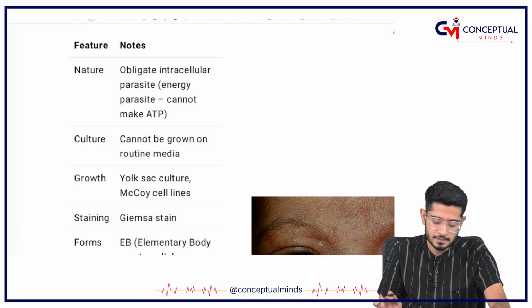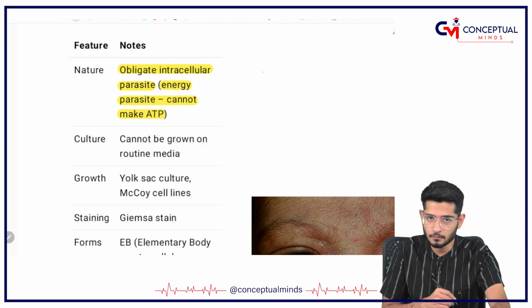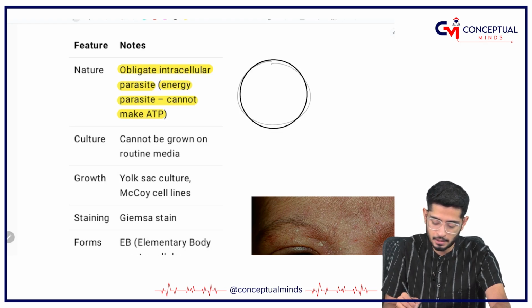But whatever it is, Chlamydia is an obligate intracellular parasite, which is an energy parasite. It cannot make ATP. For example, in a house there is a father, there is a son.